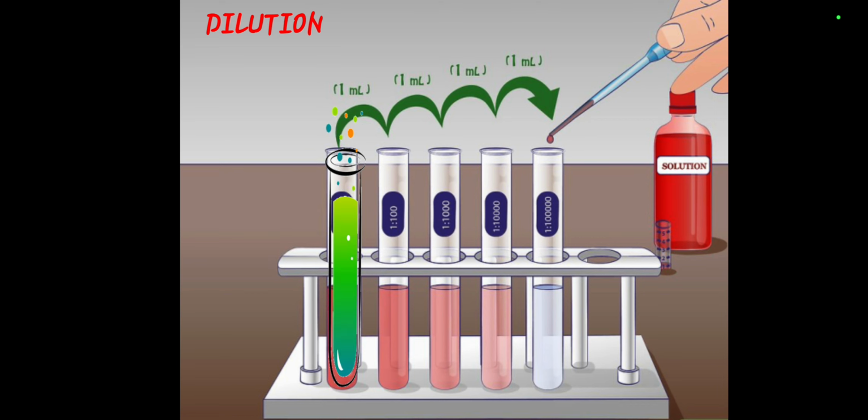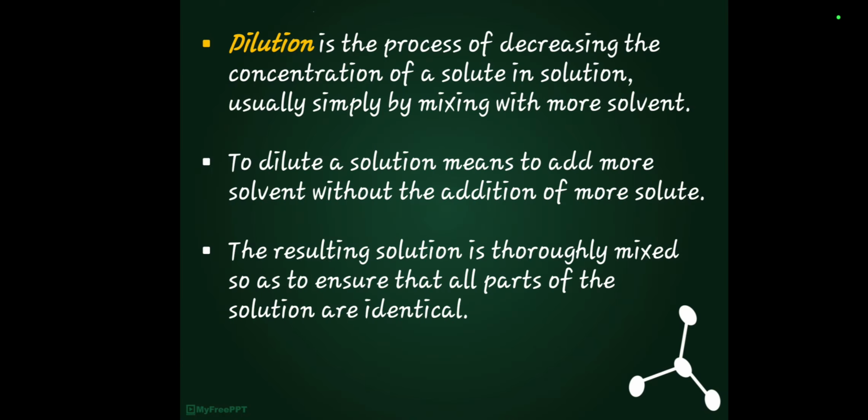In starting the lesson, we always start with the question, what is dilution? Or can we define the word dilution? Dilution is the process of decreasing the concentration of a solute in a solution. It is usually done simply by mixing with more solvent.